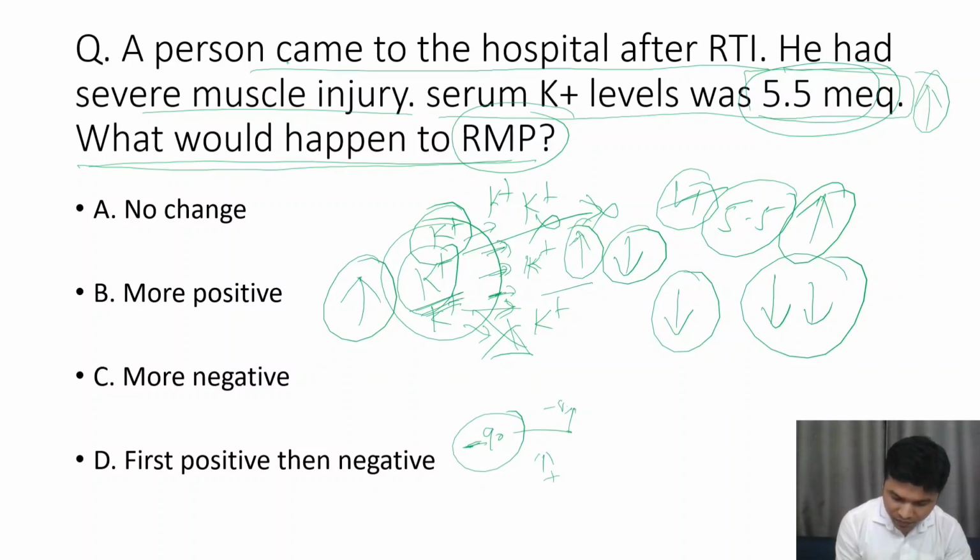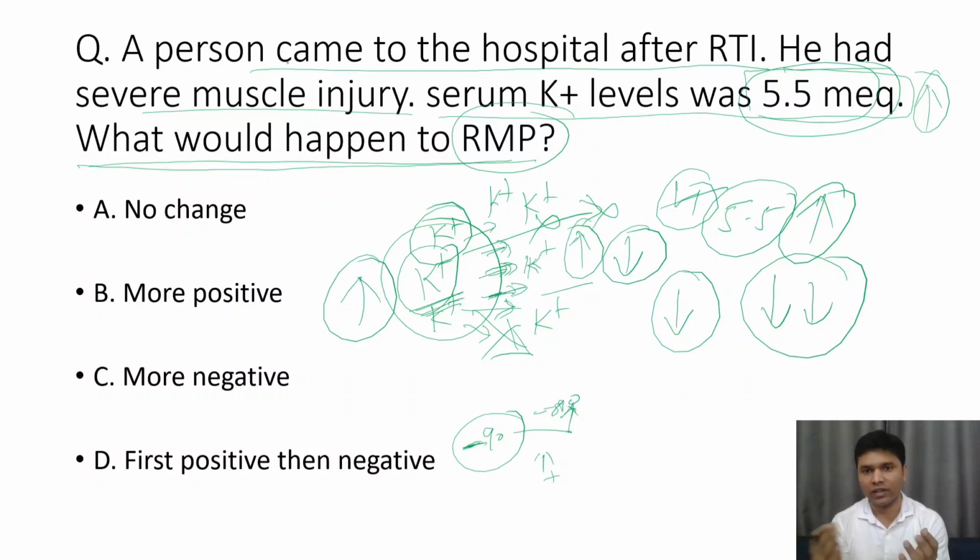So the positive ion, potassium, will increase, and the resting membrane potential will move towards the positive. Minus 90 was there, suppose it becomes minus 80 because of more and more potassium accumulation, because potassium is not leaking out or not easily leaving the cell, since the outside concentration gradient is decreasing, as the outside potassium concentration is high.